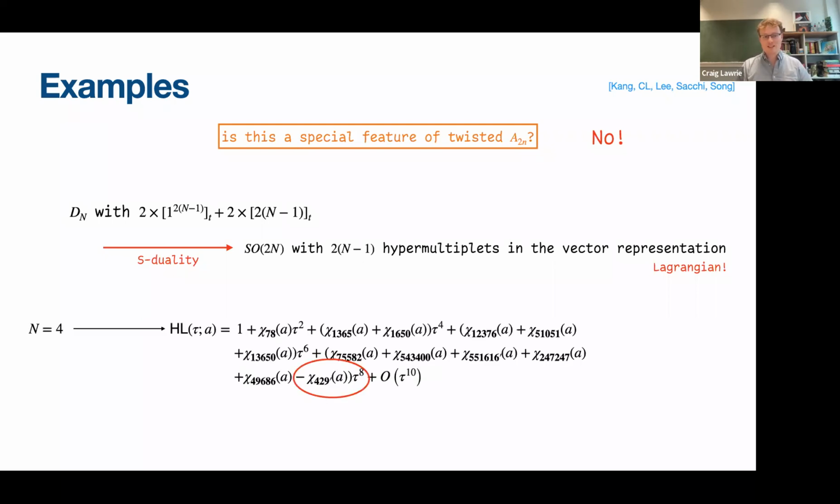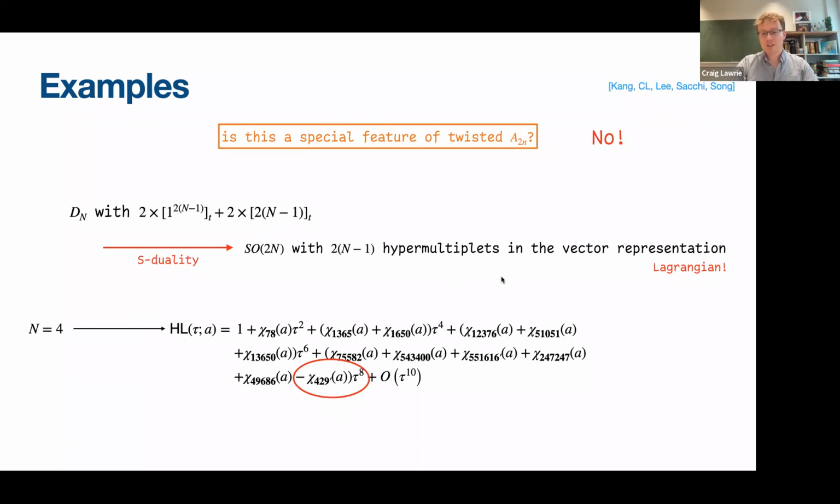Okay, so let me consider the D4 case. I just work and compute the Hall-Littlewood index, and I find this creature here. And again, you can see that there is a minus term, this time order tau to the 8. But again, the minus term still tells you this thing cannot be the Hilbert series of the Higgs branch.